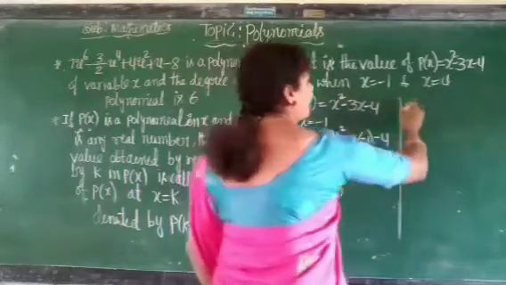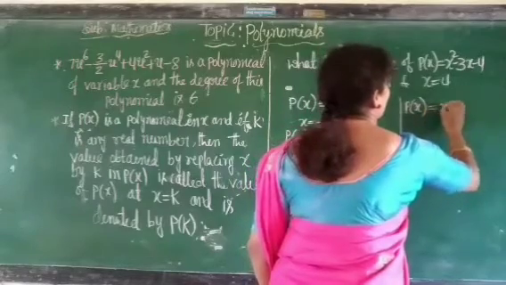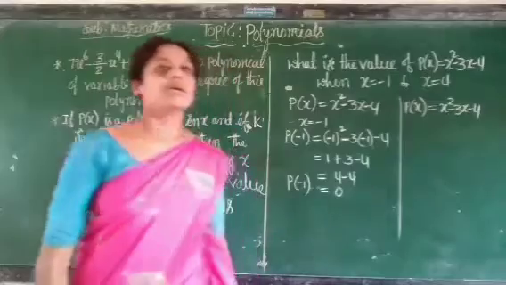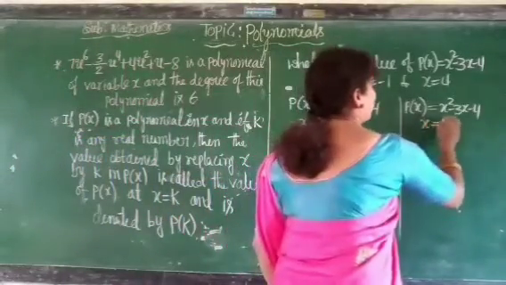Here we take the polynomial p of x is equal to x square minus 3x minus 4. We take the x value, x is equal to 4.